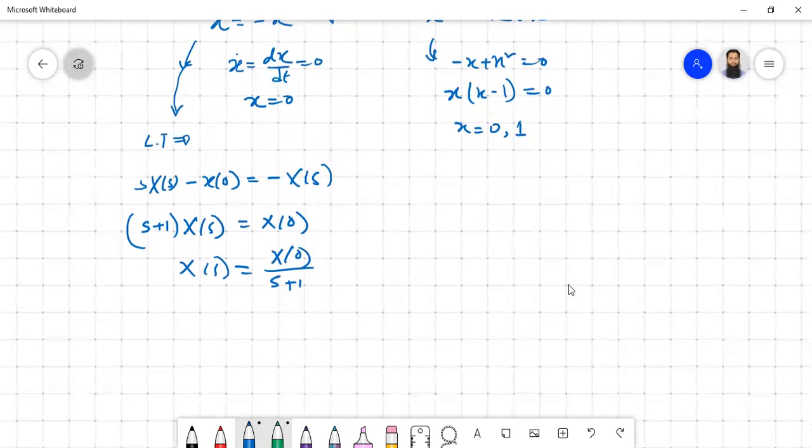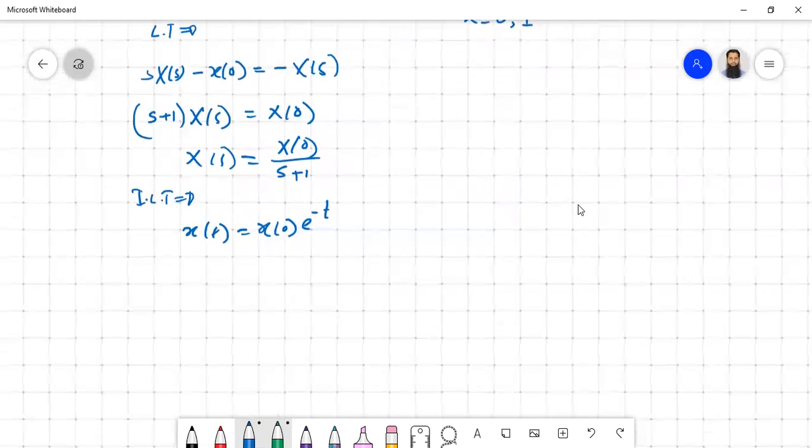If you take the inverse Laplace transformation, x(t) can be written as x0 e to the power minus t. So a simple solution. If you try to plot this, whatever your initial condition, it will always go back to 0 as time approaches infinity.